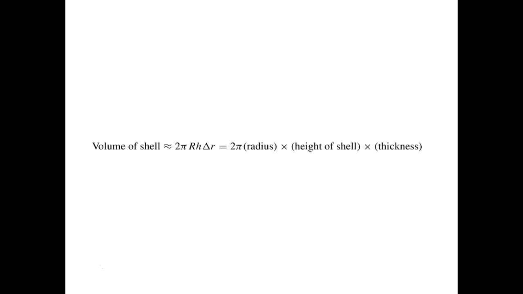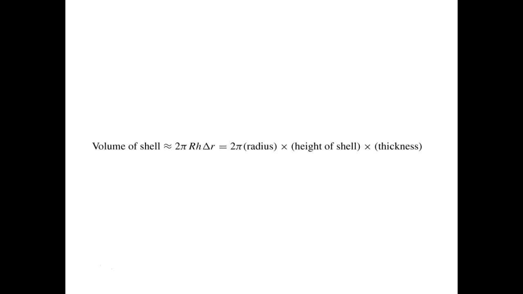A dx is going to define a shell that goes around the y-axis or something parallel, x equal -2, whatever it is. And the volume of that shell is going to be 2 pi r, that's the radius, times the height times the width, delta r.